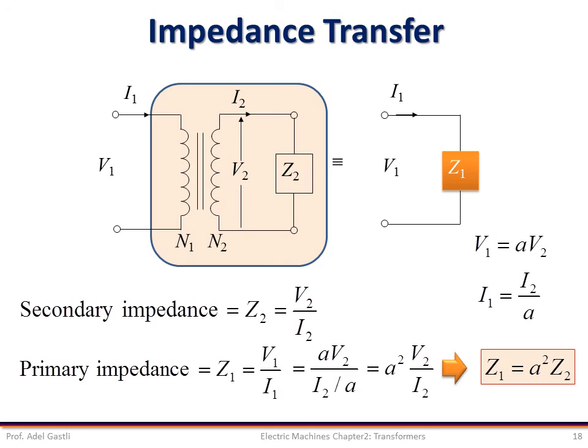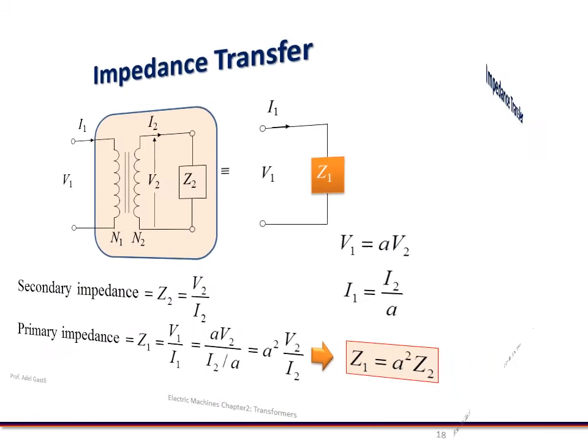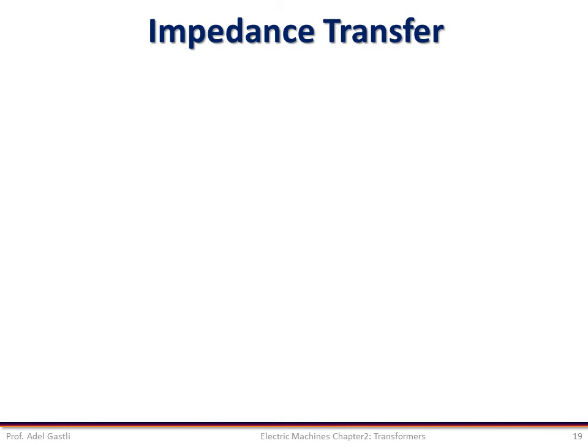So it is possible to transfer, or refer, the secondary impedance of the transformer to the primary side. Usually when we transfer an impedance from one side to the other side, we denote it with the prime symbol.